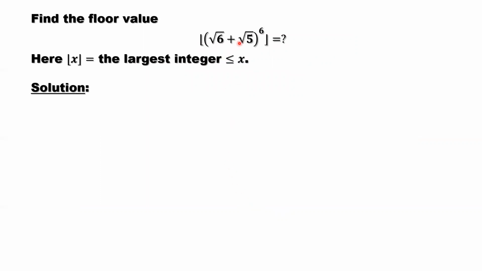We want to find the largest integer less than or equal to this number. What is this? Square root of 6 plus square root of 5, then to the power 6. We know that this is a decimal number. So to the power 6, it's very complicated. By the way, here we cannot use a calculator.